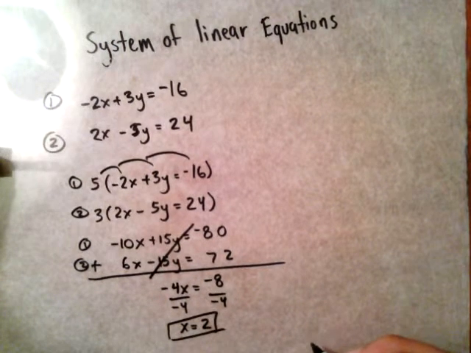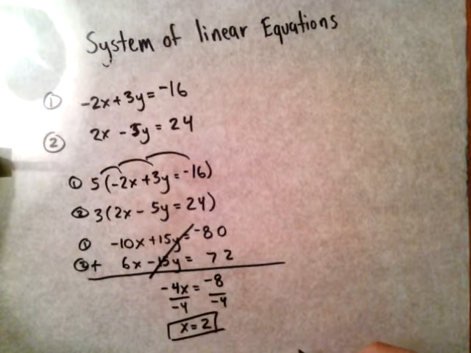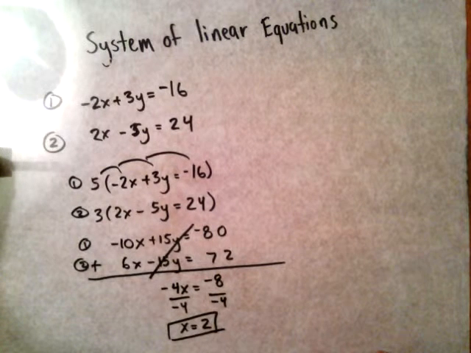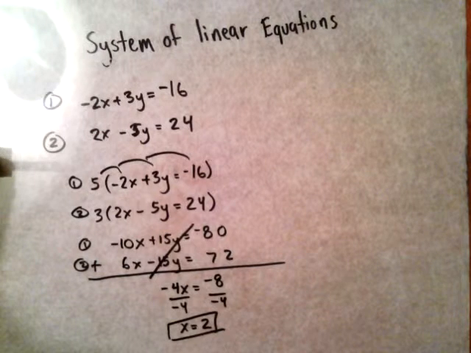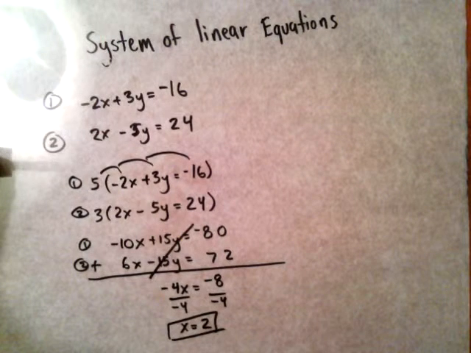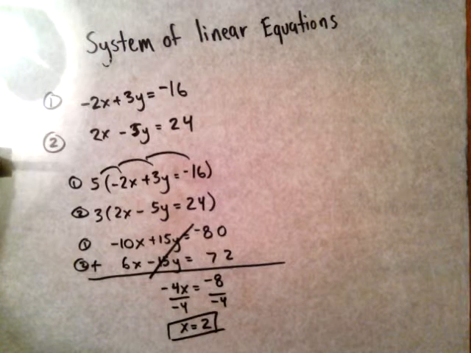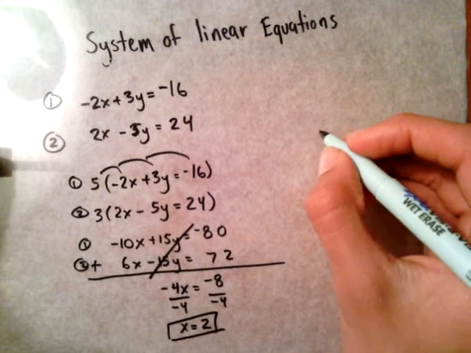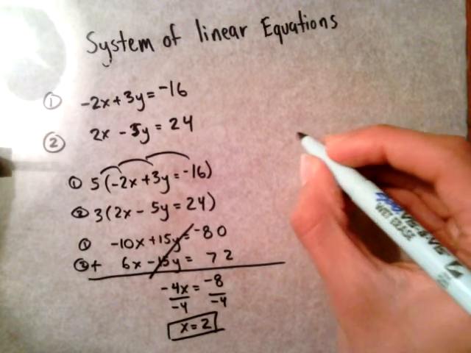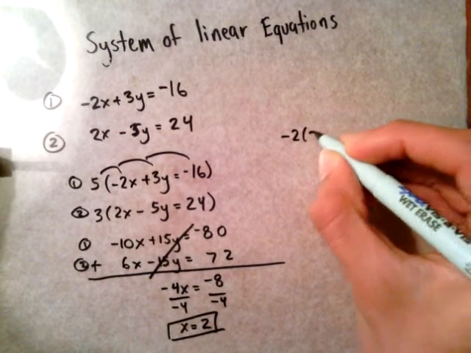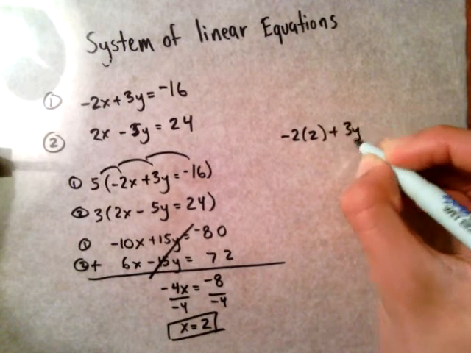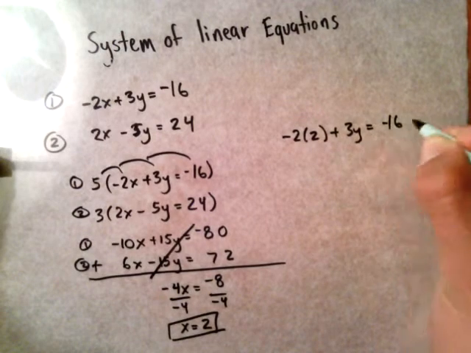And just like in the substitution method, when we solve for one of the variables and get one of the solutions, we want to plug that back into either equation and solve for the next variable. So we're going to do it to the top one. So I have negative 2 times 2 plus 3y is equal to negative 16.